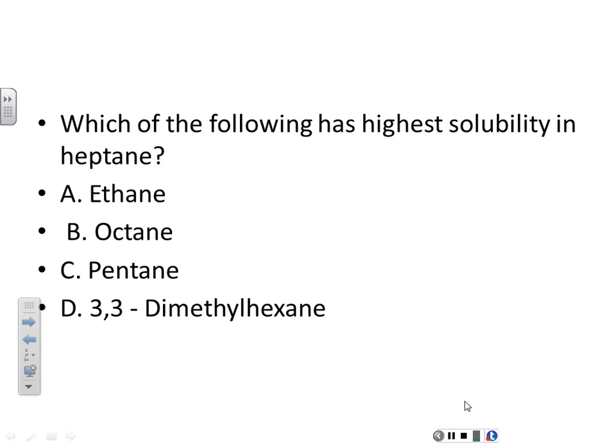So for this, you wouldn't even really need the structure. All you would need to know is the bond, the force, right? Sometimes structure is better because, like, if it is the same. In this case, it's not because all are alkanes.